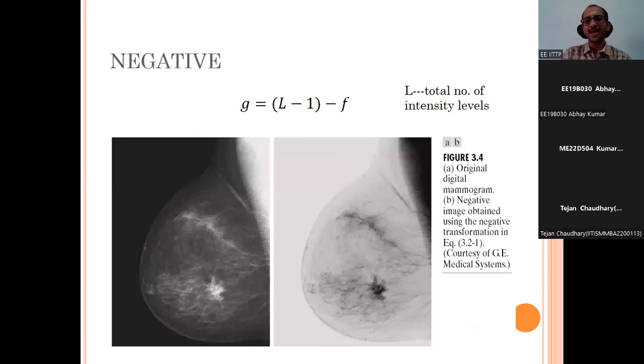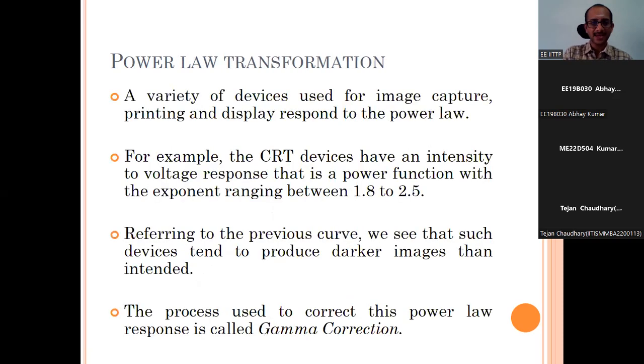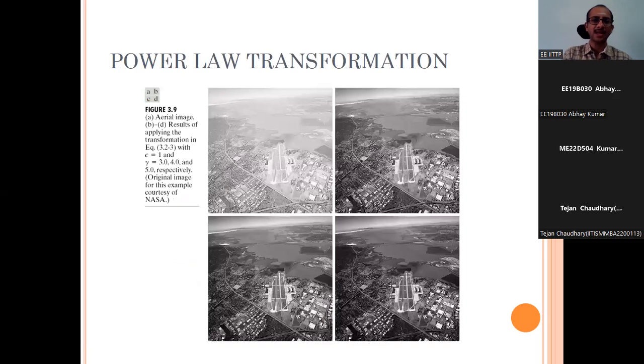This is another example where, if you want to highlight the black regions rather than the white regions, image subtraction can be used. This is also used in document analysis, because when we want to print with a white background rather than a black background. And as I mentioned, this is the power law correction, where the image is formed with some gamma, and that can be corrected through the transformation equation we have.